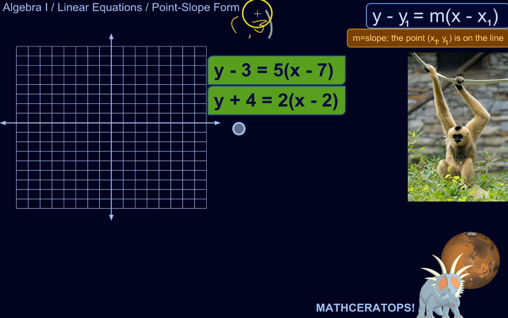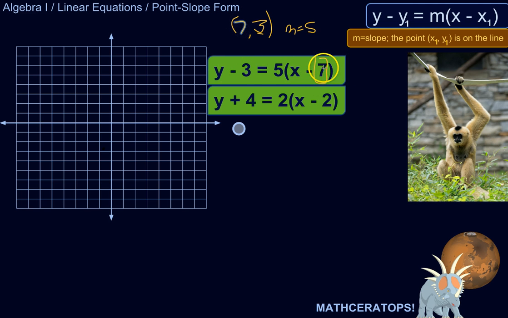So y minus the y coordinate there equals 5. Now that's the slope. So the slope is 5. I should say m. And this is x minus the x coordinate. So the x coordinate that corresponds to this y coordinate is 7.